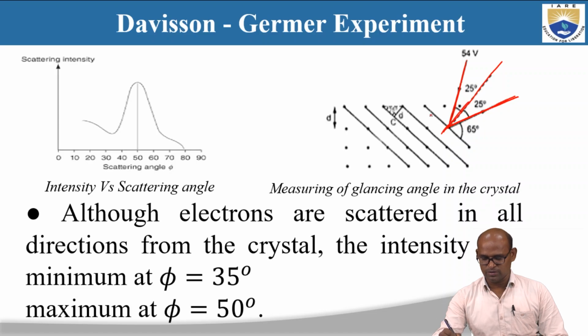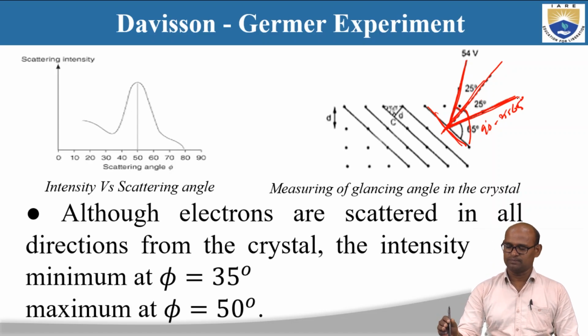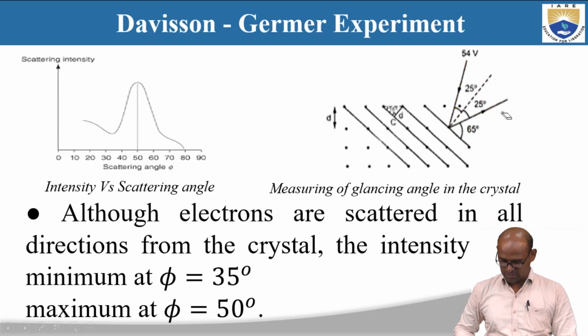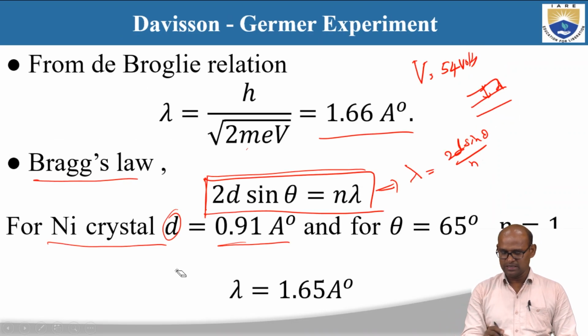If I draw a normal to this plane, the total angle is 50 degrees, so 25 is here and 25 here, and this is the bending or diffraction. If I want to calculate the diffraction angle, this normal must be 90 degrees, so 90 minus 25 gives me 65 degrees. That is how I calculate the diffraction angle. So the diffraction angle is 65 degrees.